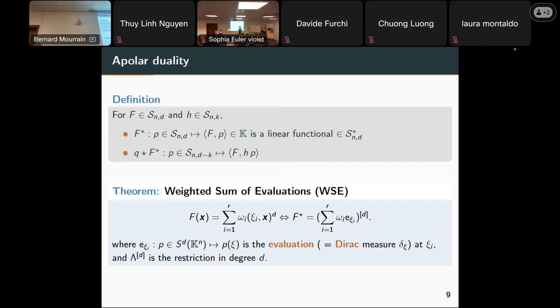And how do you define it? You define it in a very natural way. As soon as you have a linear product, you define the linear form which, given a vector P in S_d, computes the apolar product of F with P. This is a dual element, a linear functional living in the dual of S_d.